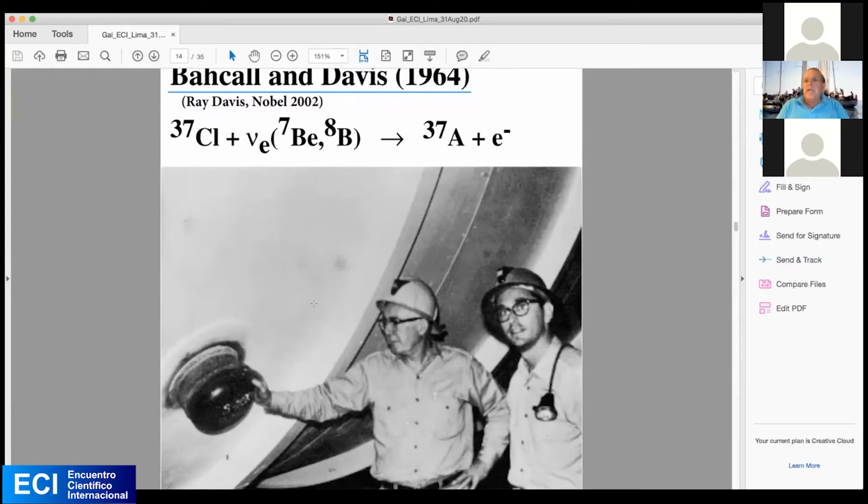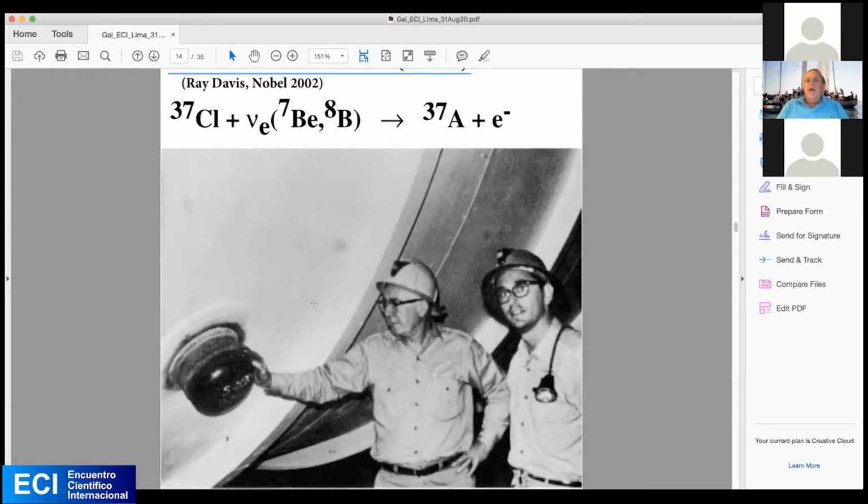And in this tank of 600 tons, every 3 days, one chlorine atom, chlorine-37, changed to argon-37, which is radioactive. So we have every 3 days, one atom. In a month, we have 10 atoms produced in this huge tank.